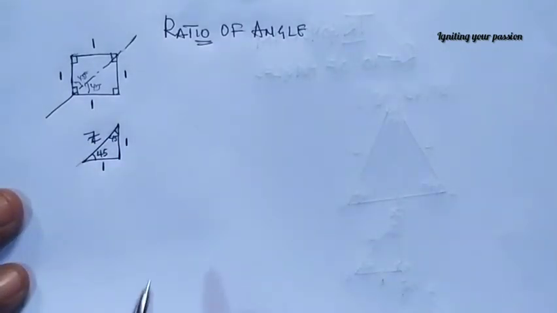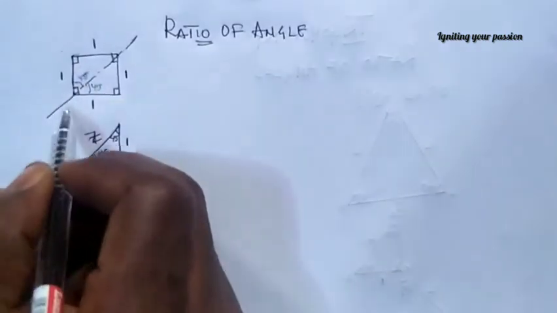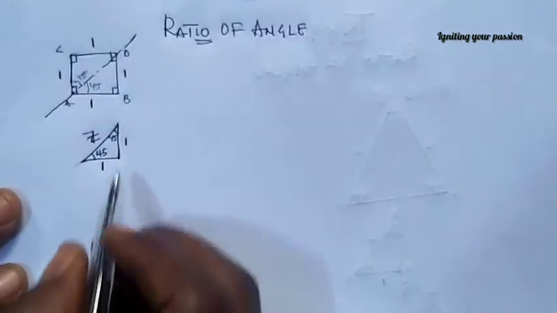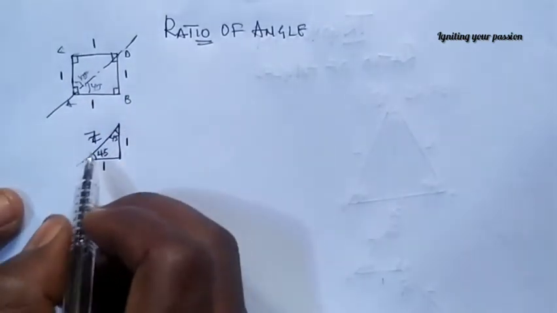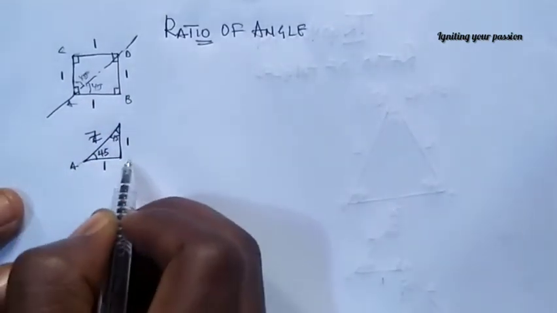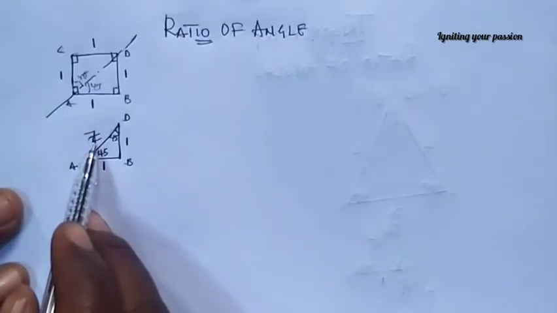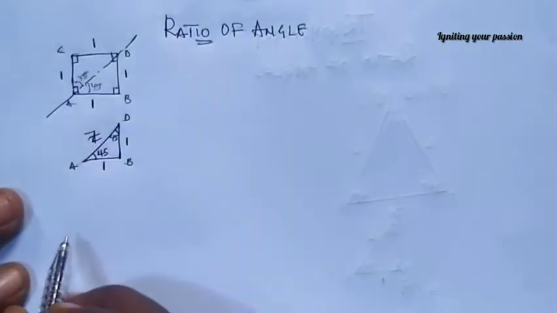So from here I can easily say this is A, B, C, and D. So I'm considering triangle what? Triangle A, B, D. So for us to get Z, we are going to apply Pythagoras Theorem.